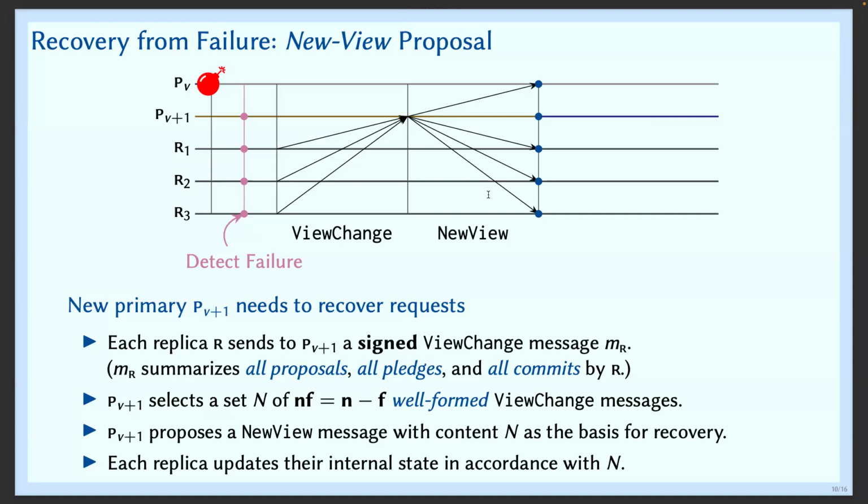Is it clear what goes inside the view change message? The messages I put in my prepare, what do you put in your prepare message? What would you put in your view change message?